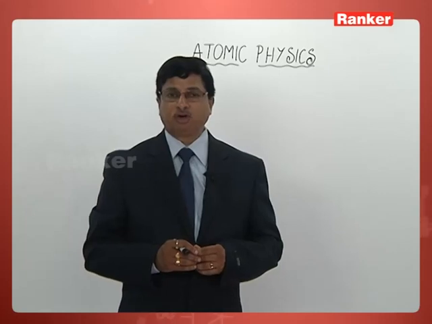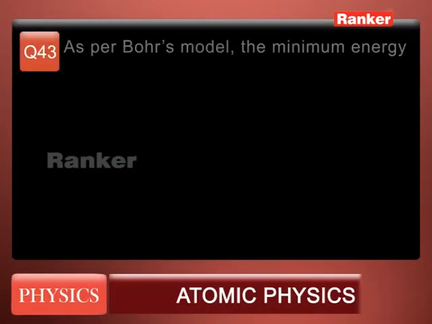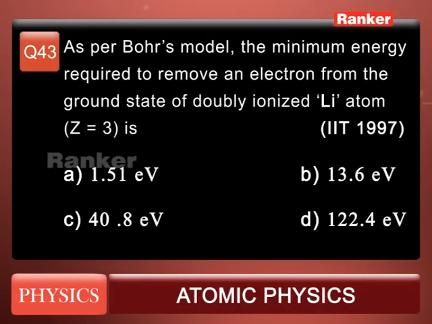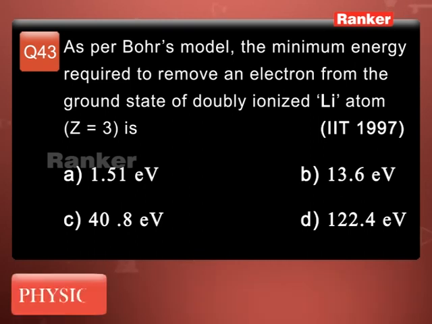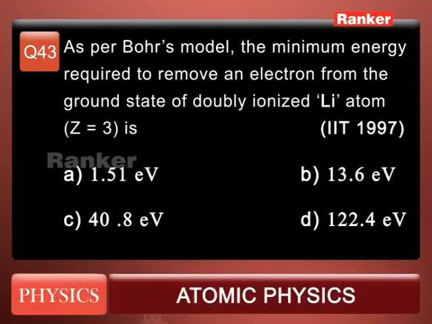Next is number 43. As per Bohr's model, what is the minimum energy required to remove an electron from the ground state of a doubly ionized lithium atom? Of course, Z is given as 3 in the problem itself. This question was given in 1997 in the IIT paper.